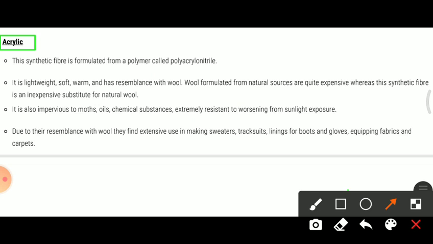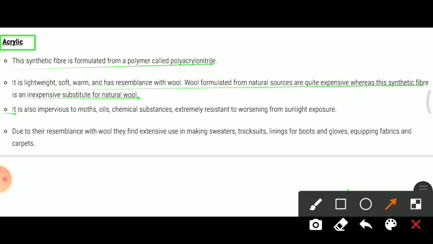So, the main points regarding acrylic we can write: this synthetic fiber is formulated from a polymer called polyacrylonitrile. It is lightweight, soft, warm and resembles wool. Wool formulated from natural sources is quite expensive, whereas the synthetic fiber is an inexpensive substitute for natural wool.